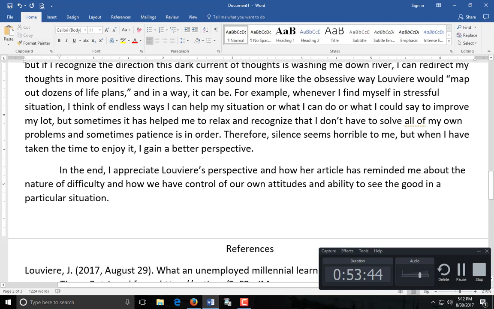The nature of difficulty and how we have control over our own attitudes and ability to see the good in a given situation.